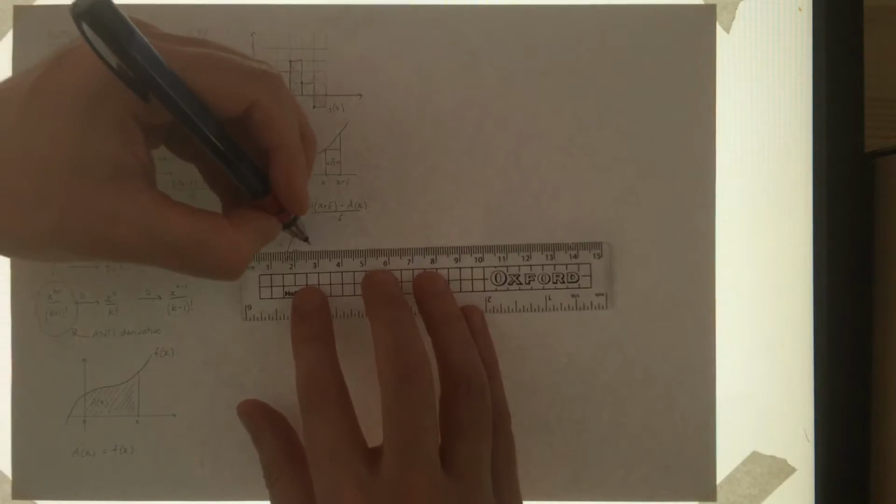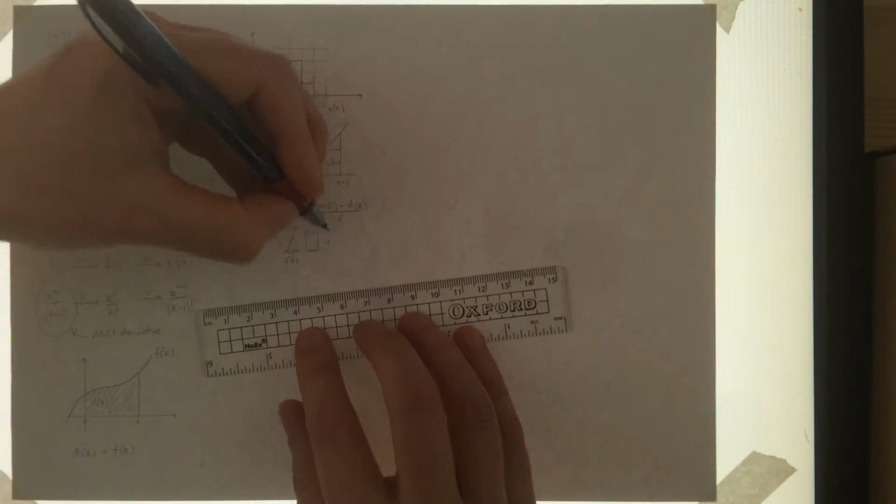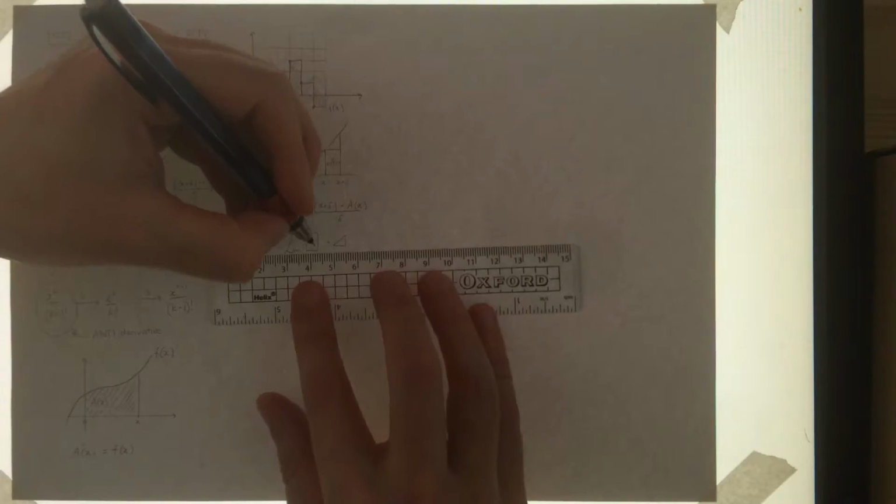So that's the limit as delta tends to 0 of the rectangle plus the triangle over delta. And what is the area of this rectangle? Well, this height is f of x. So that's just f of x times delta, width times height.